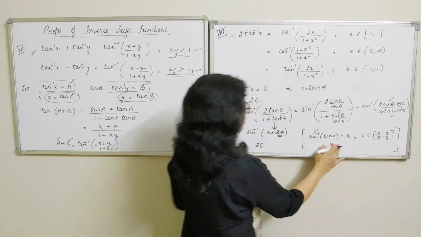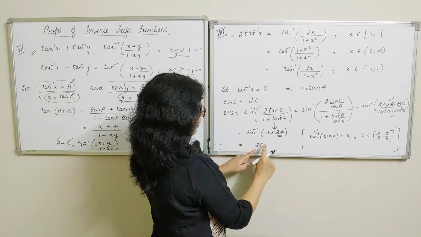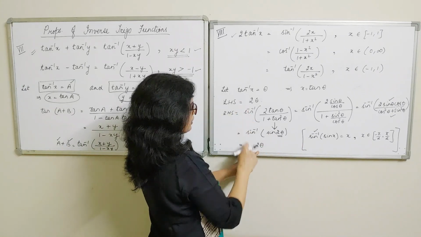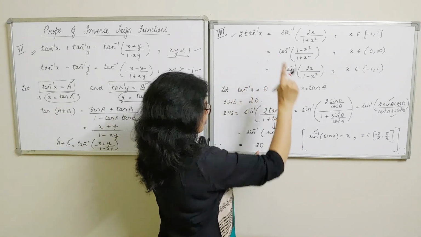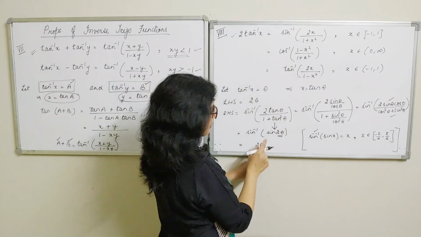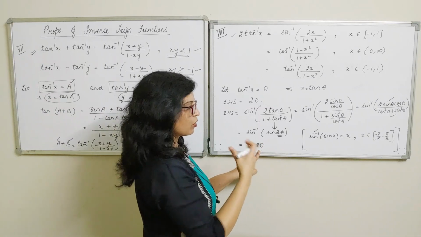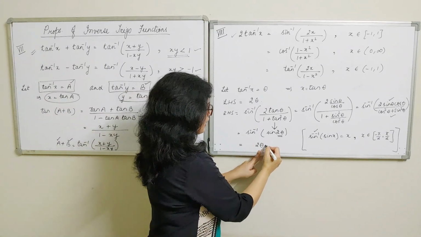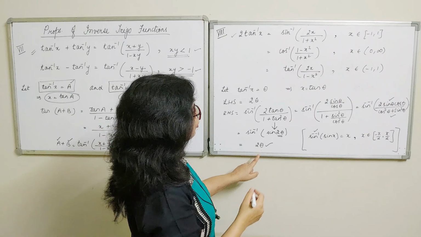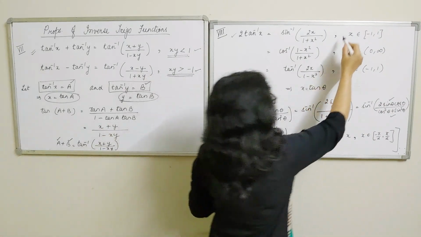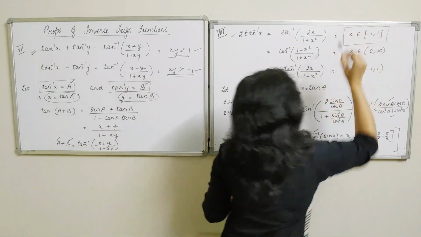This is the first set of results. So here if we get 2 theta, then left side is equal to right side and the first result is proved. So how do we ensure that the result is 2 theta? Only when 2 theta belongs to the principal branch. So now how do we check that this angle belongs to the principal branch? To check that, let us use this information.